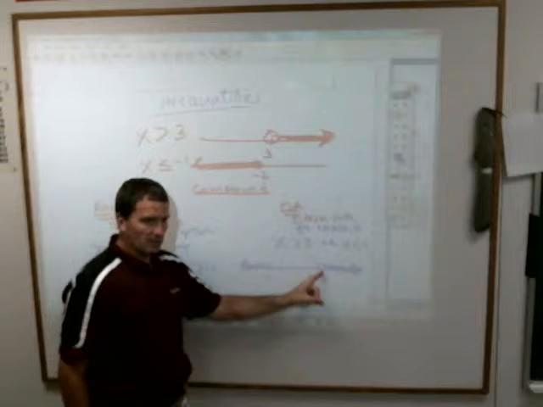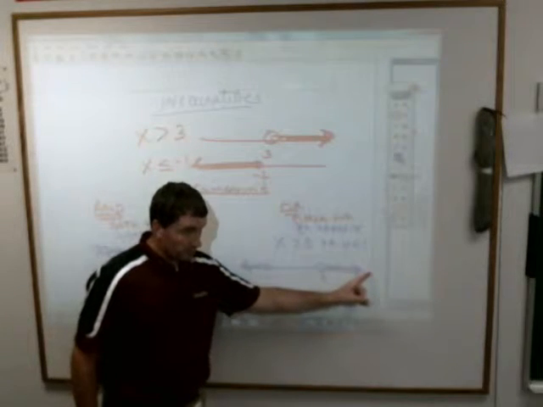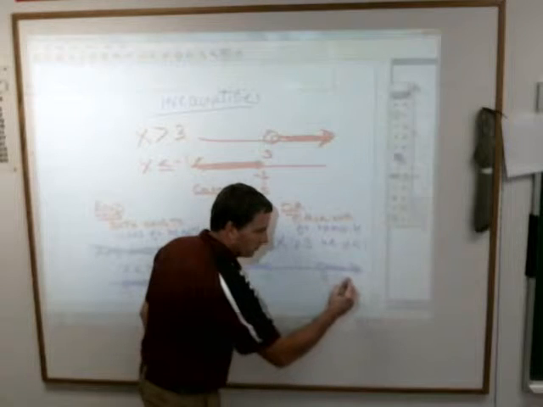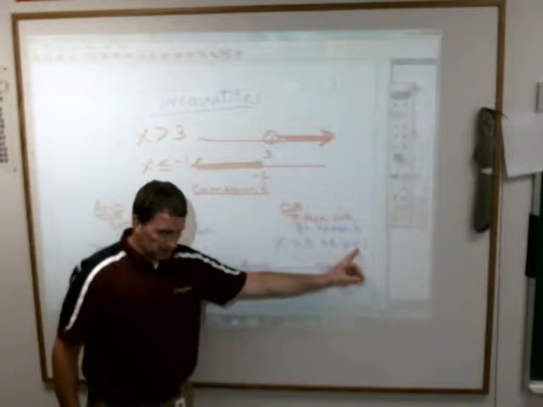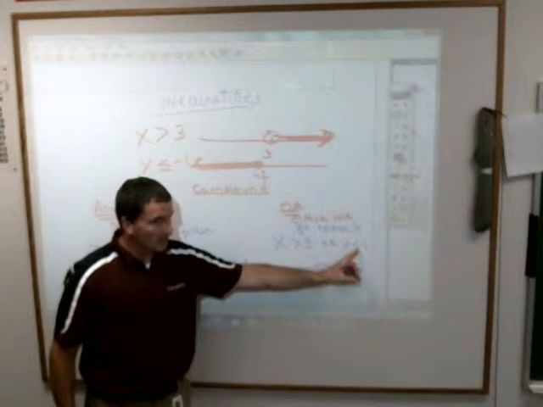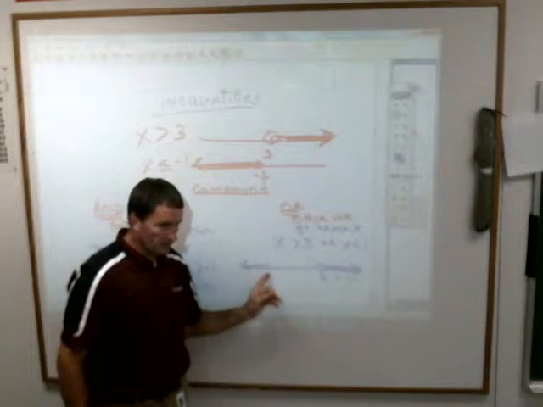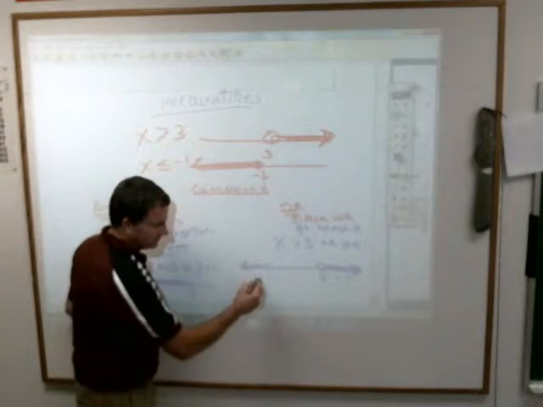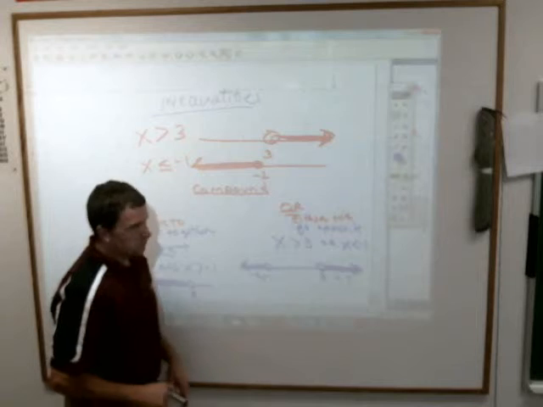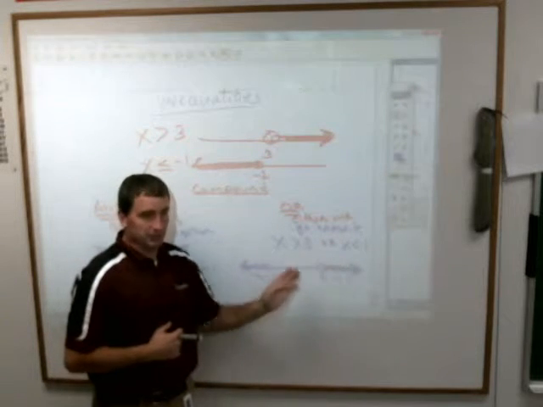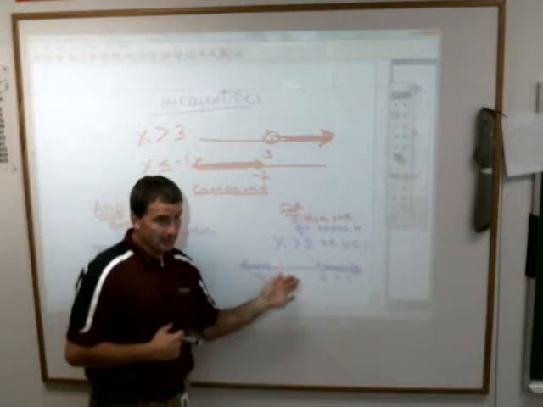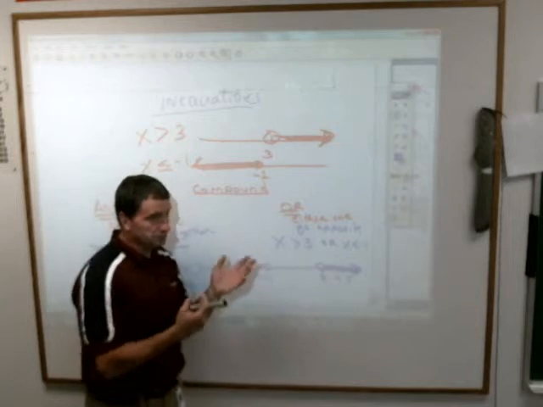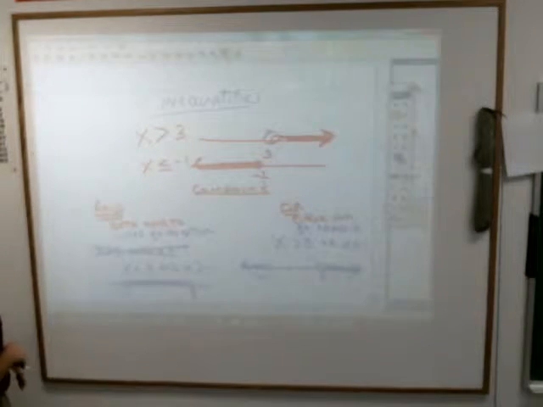So, if it's greater than 3, which way does it go? To the right where the numbers get bigger, because this would go 3, 4, 5. Well, the sign is this. Less than. Which way do the less than numbers go? That way. So you're putting the graphs of these two together, and that's what you get. Again, we're not reinventing anything.